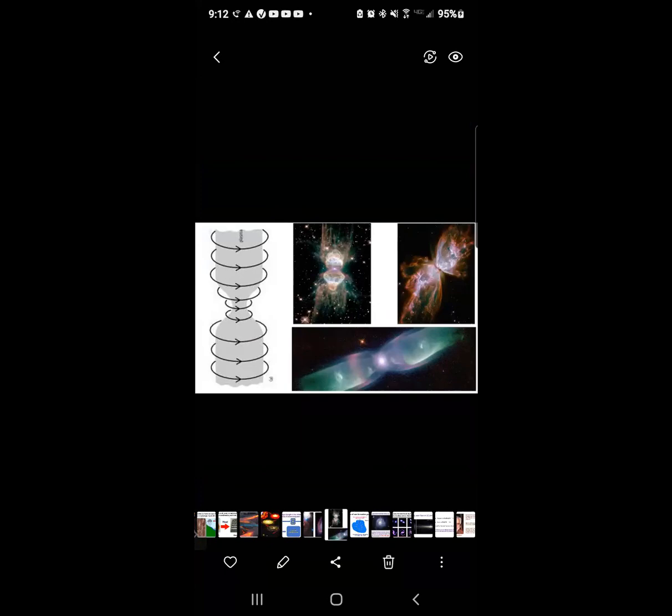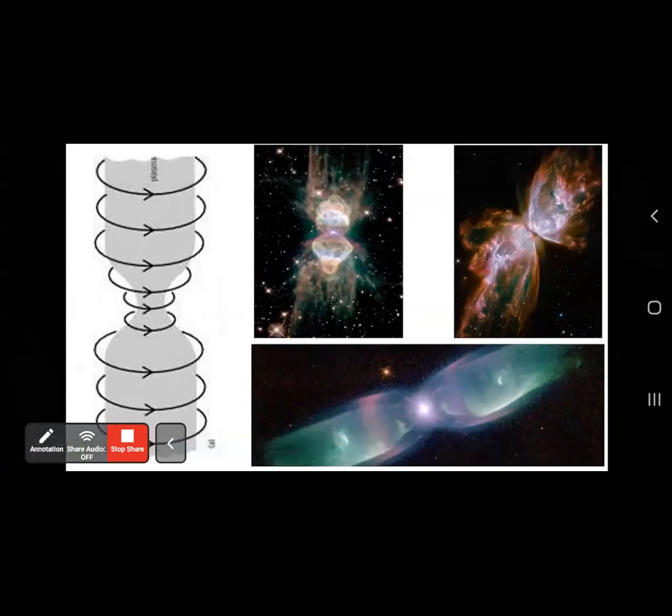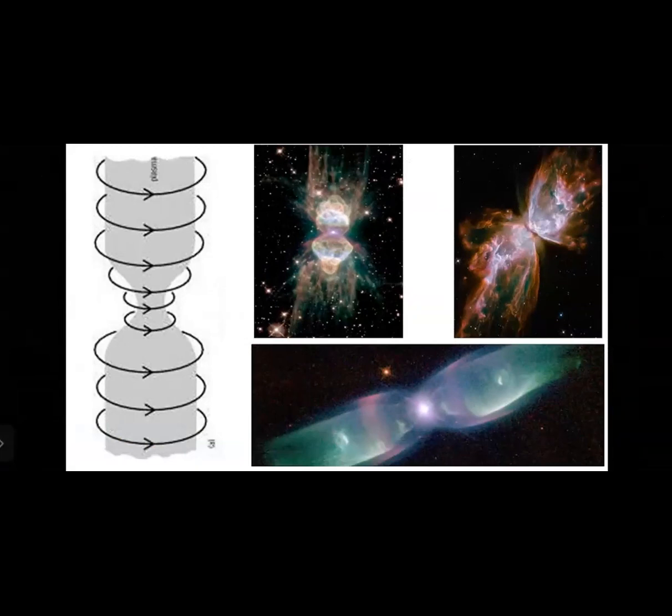Another one is called the Moth Nebula, and I forget what the third one is called. But these three images on the right-hand side, let's make this bigger for you, are evidence in space, as taken by pictures from the Hubble telescope, of a Bennett pinch. And what you see on the left-hand side there is what is called the Bennett pinch.